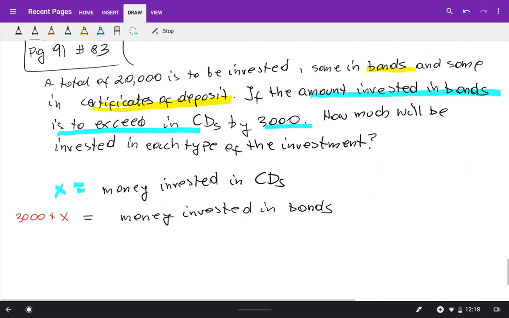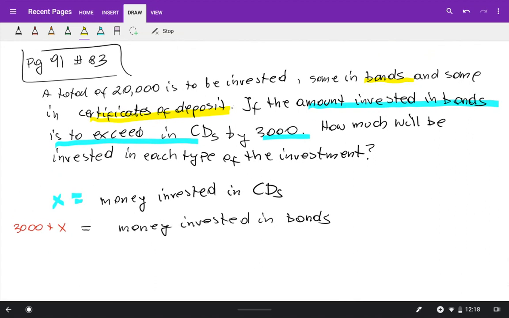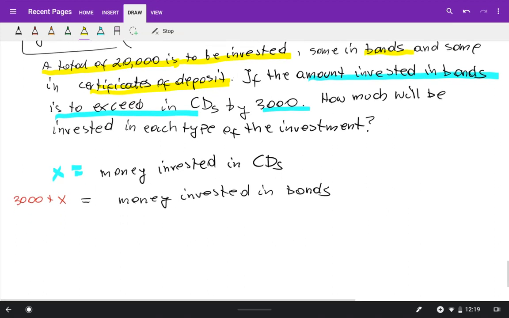You need to create the equation. How are you going to create that equation? Your first sentence gives you very important information. You have a total of 20,000 which you want to invest in two different savings accounts. So we have 20,000, and you want to invest them in bonds and CDs.